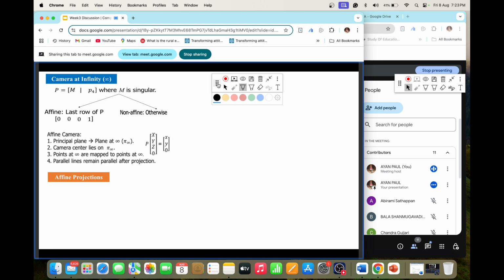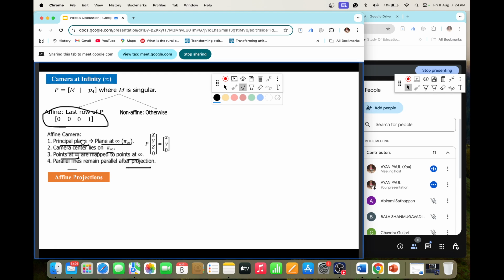This is the characteristic of the affine camera: the last row will be 0 0 0 1. So what this means is, the principal plane will be the plane at infinity, the camera center will lie at the plane at infinity, points at infinity will also map to infinity, and parallel lines remain parallel after projection.